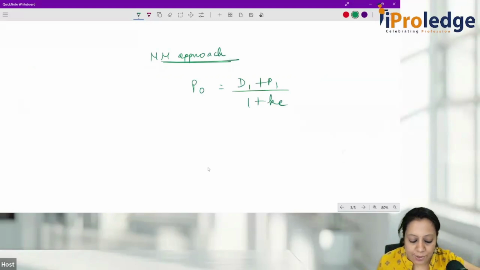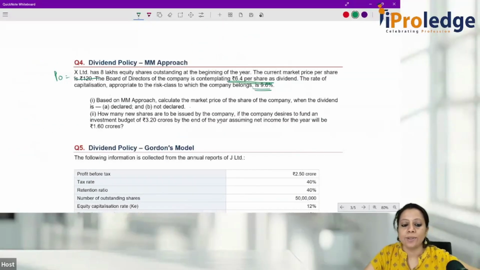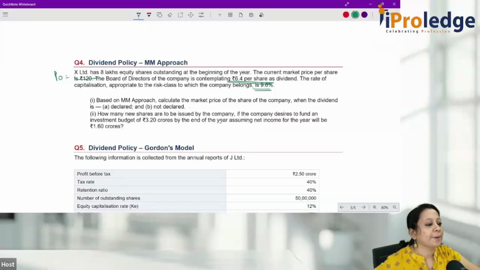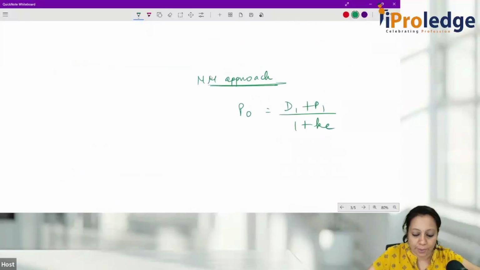All right, students. Now the question is, ma'am, P0, we understood that right now the price is 120, but what about 6.4? Is it dividend already paid or dividend to be paid? They are saying the company is contemplating, that means it is to be paid. D1 is 6.4. So P0 is 120.